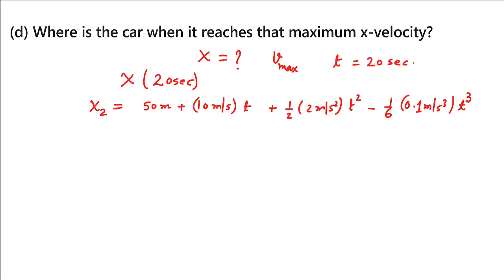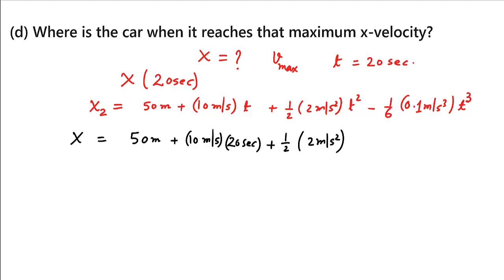Now we have to plug in time t equals 20 seconds. So this means 50 meter plus 10 meter per second multiplied by 20 seconds, plus half of 2 meter per second square multiplied by 20 seconds squared, minus 1 by 6 times 0.1 meter per second cube times 20 seconds raised to the power 3.